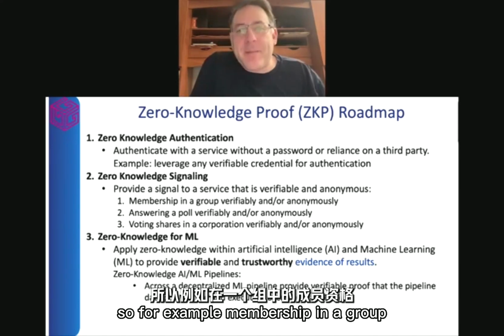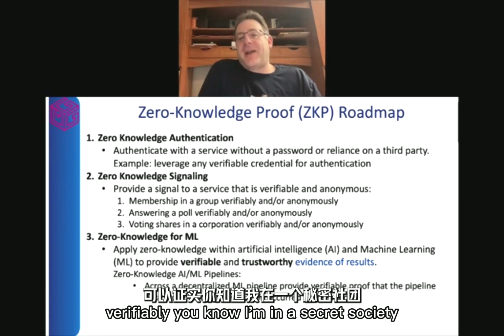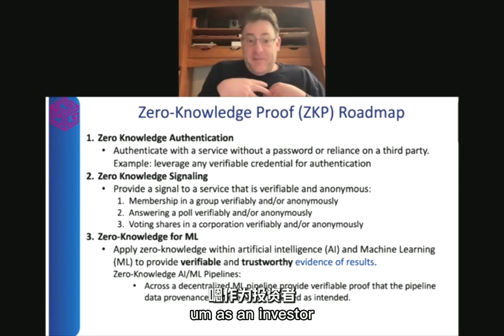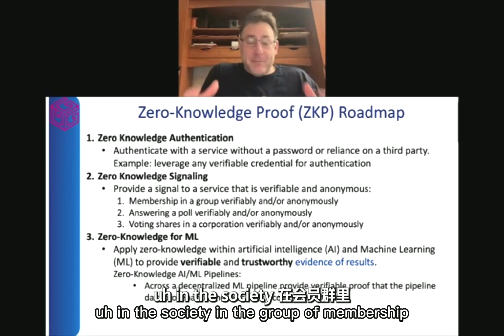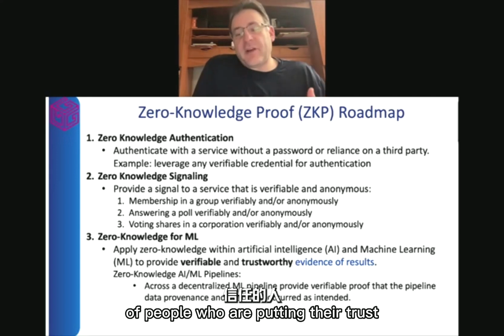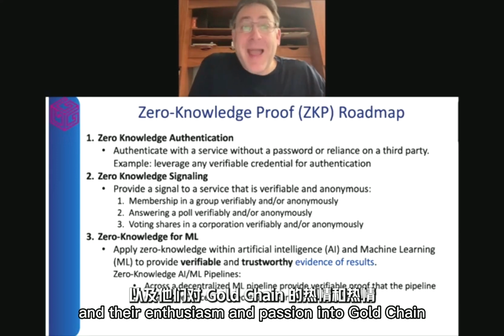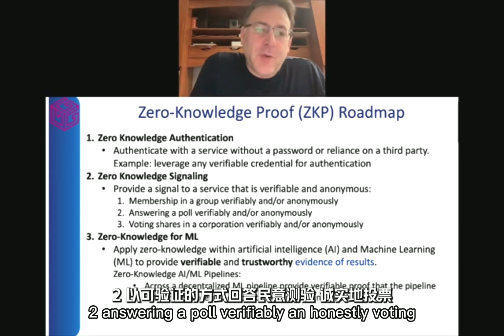So, for example, 1, membership in a group verifiably. You know, I'm in a secret society. As an investor, you will be in the society, in the group of membership of people who are putting their trust and their enthusiasm and passion into GODECHAIN. 2, answering a poll verifiably or anonymously. Voting.